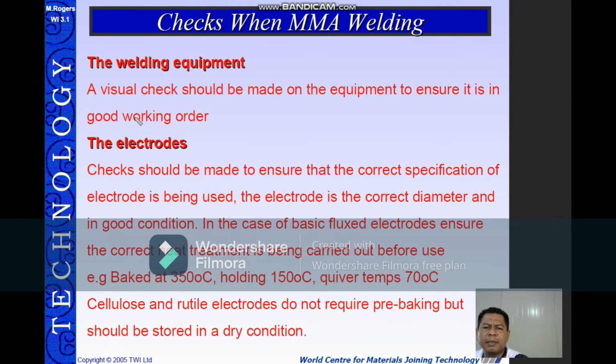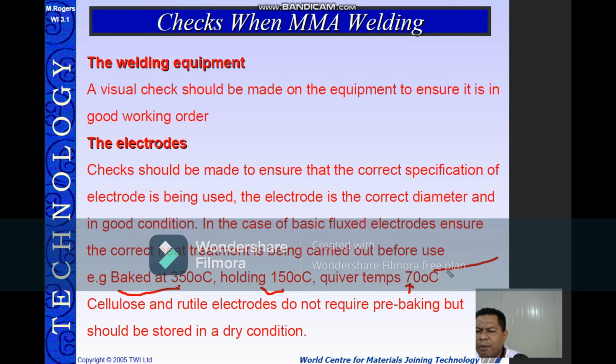Welding equipment: a visual check should be made on the equipment to make sure it is in good working condition. The electrode also needs to be checked according to the applicable specification. For the basic electrode, baking is about 350 degrees C, then holding at 150, then the quiver is 70.